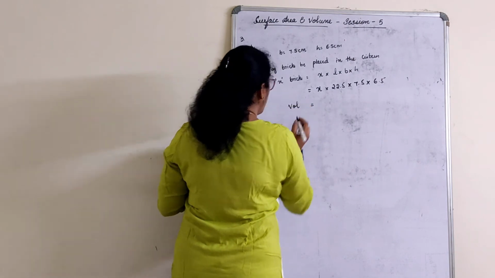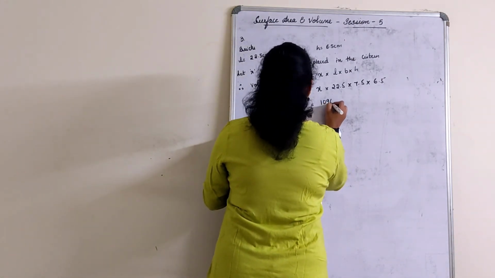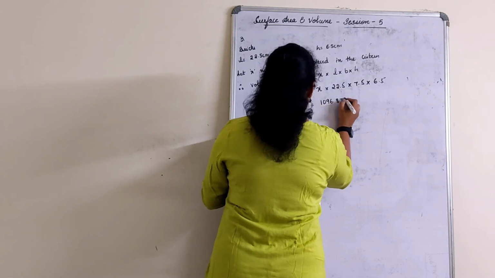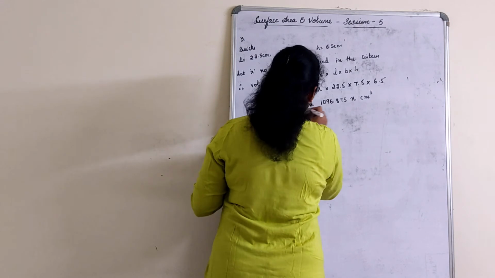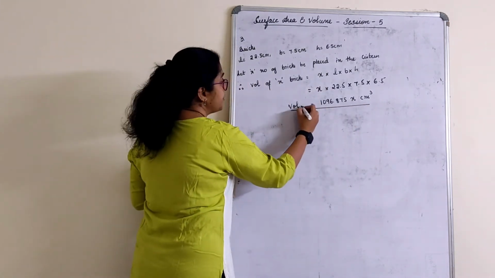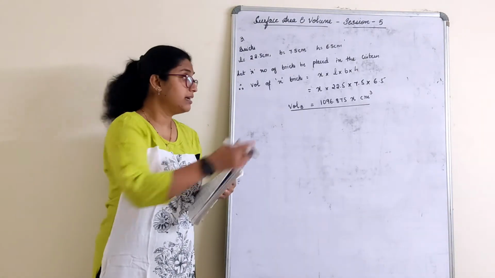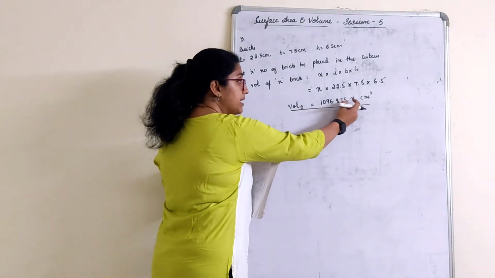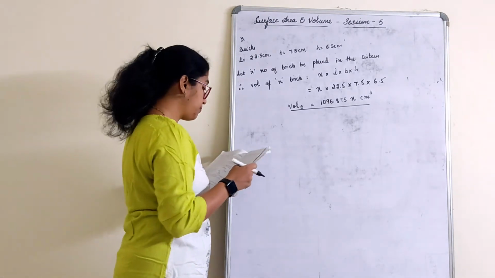So volume will be how much here? 1096.875 x centimeter cube. This is the volume of the bricks, into x, because we don't know how many bricks are there. That means this is the volume of one brick into the number of bricks we have to place in this.